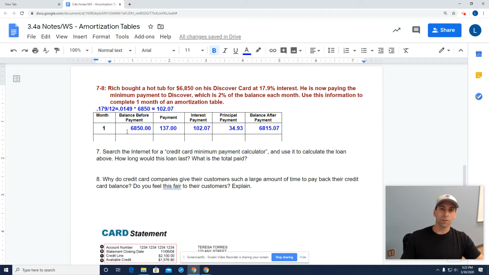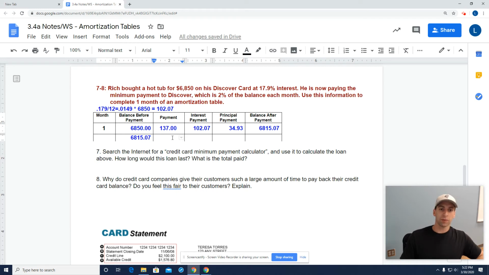And it gets worse because next month, because it is based on 2%, the next month is even going to be worse. When I take this balance 6815 and copy it down to the next month, I'm going to do 2% of this number, so my payment actually gets lower.